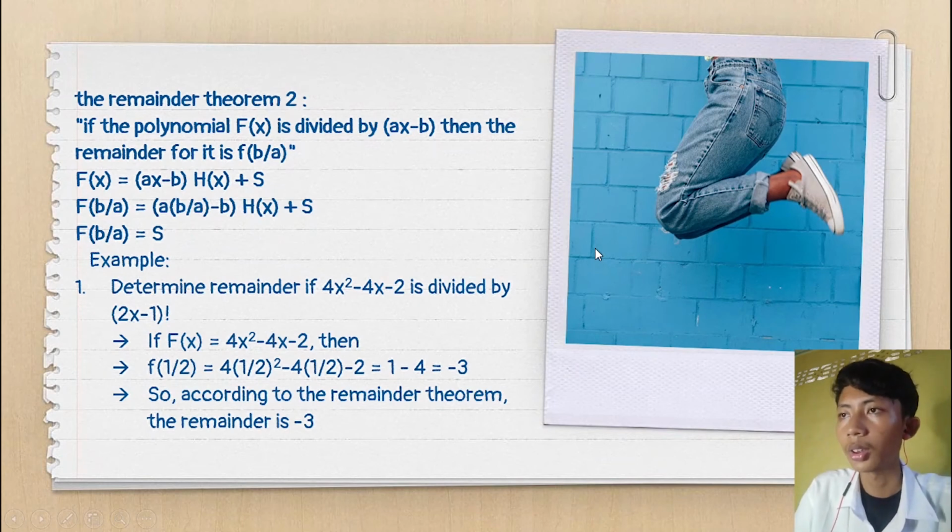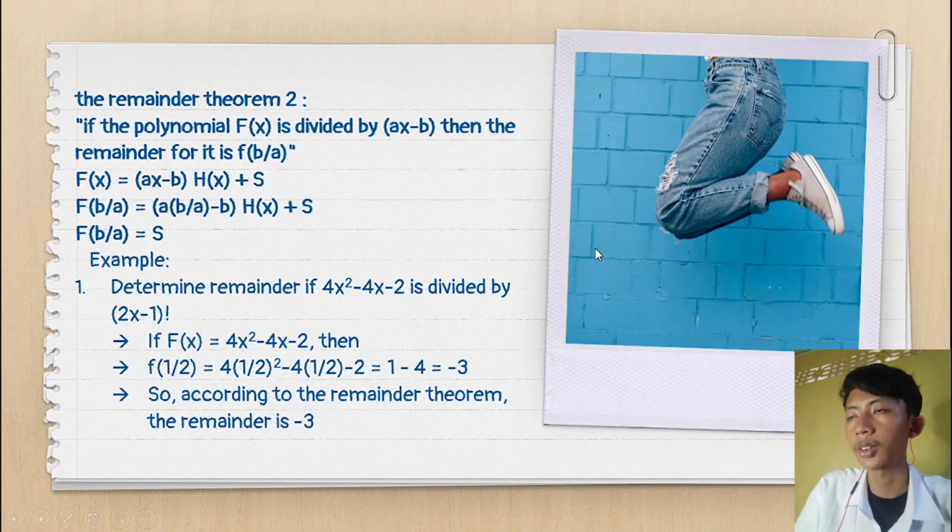The answer, if f(x) = 4x squared minus 4x minus 2, then f(1 over 2) = 4 multiply 1 over 2 squared minus 4 multiply 1 over 2 minus 2 = minus 3. So according to the remainder theorem, the remainder is minus 3.